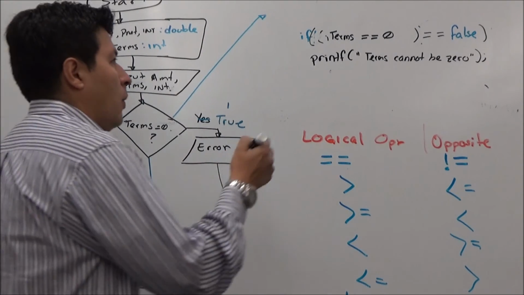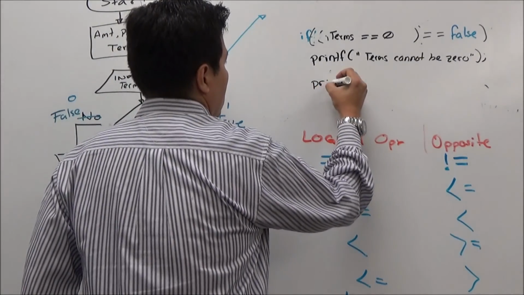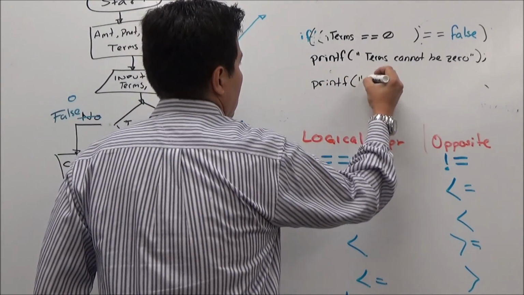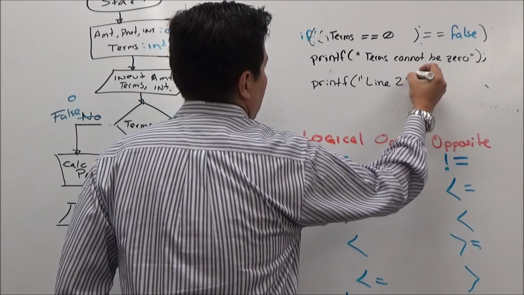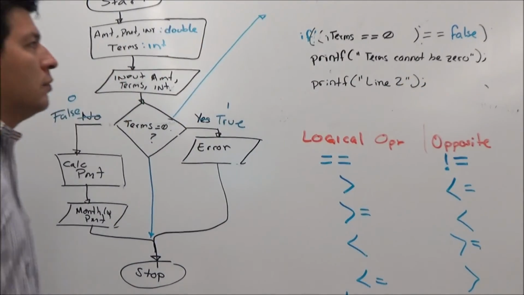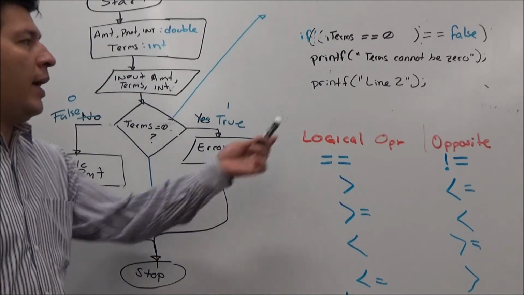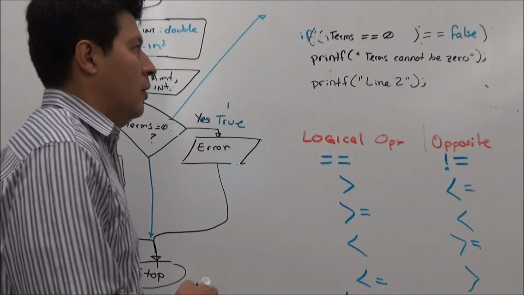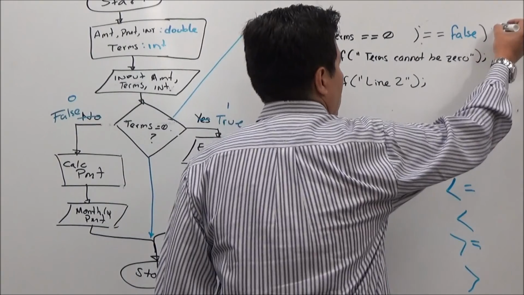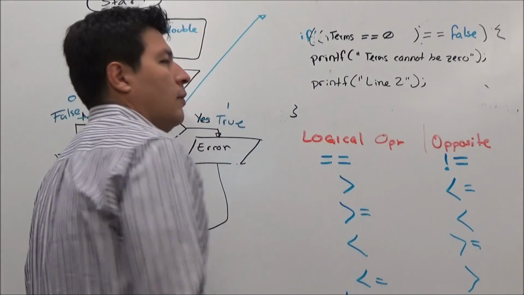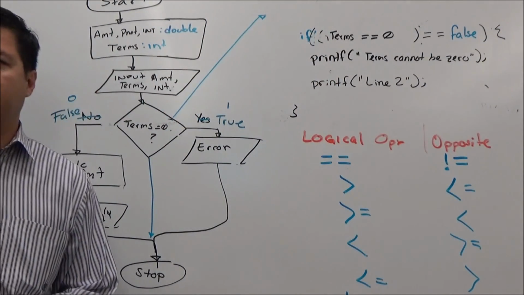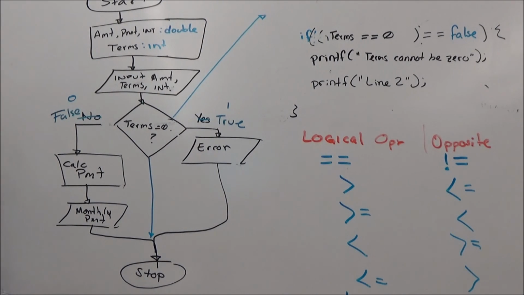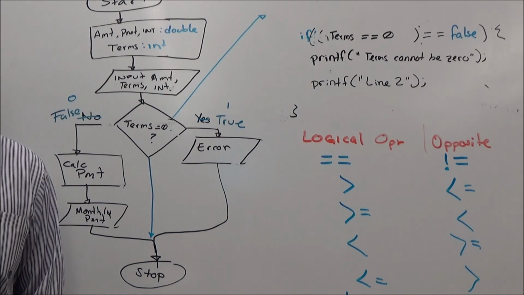Because if you have another one, the line 2 will always execute. If it's not intended to execute, then you need to put the curly brackets back. Questions? We good?